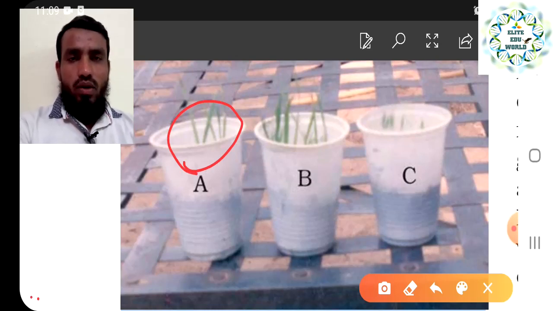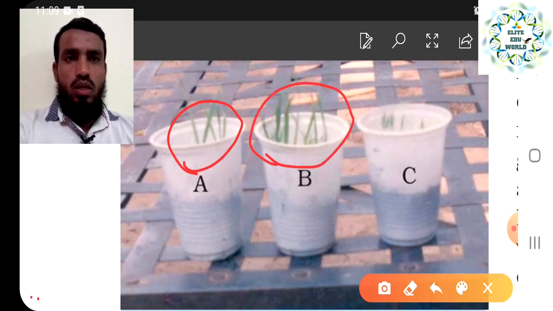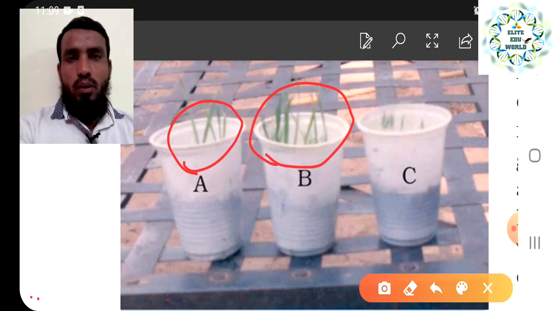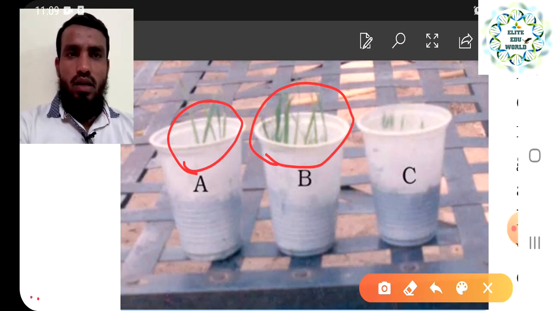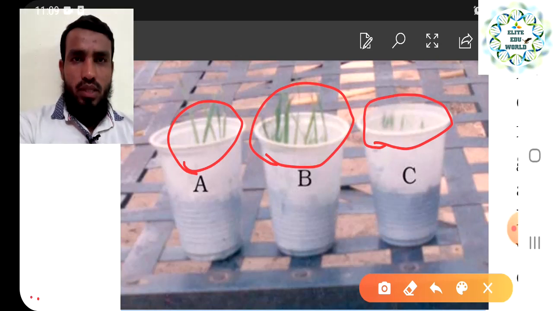In cup B we added urea, a fertilizer, so we have more growth in cup B. But in cup C we added nothing, just the soil. So if you compare all of A, B, C, you will observe the lowest growth in cup C.